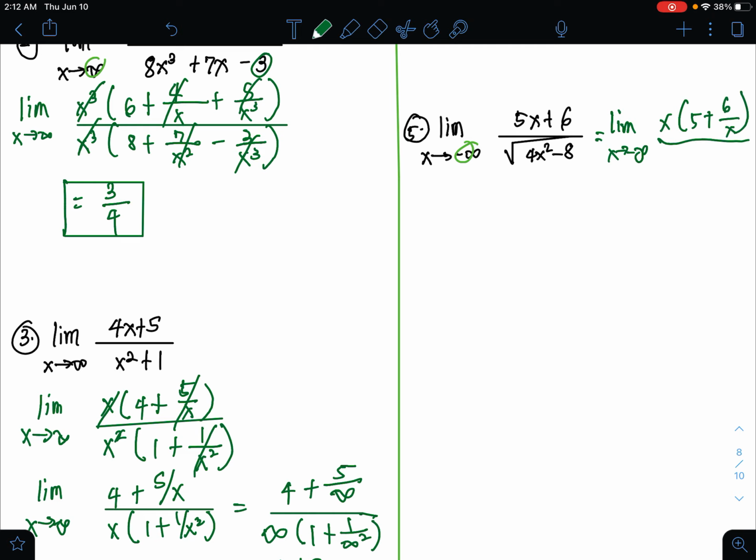And sa baba, the square root of x squared times 4 minus 8 over x squared. Okay, tama na siya.